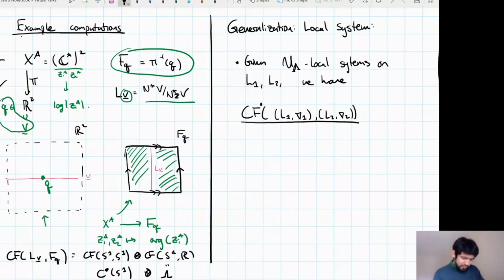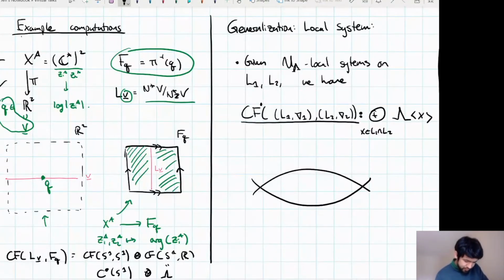When one computes the differential, or looks at this chain complex, as a vector space it's again given by the sum over all intersections between L1 and L2 of lambda generated by X. But the differential now, which previously just counted holomorphic strips, counts something a little bit different.